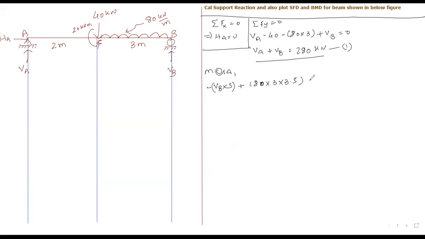I have taken the moment of the UDL, plus 40 into 2 minus 20, that should be equal to 0. I have counted. So we will get VB. Please give me value of VB.